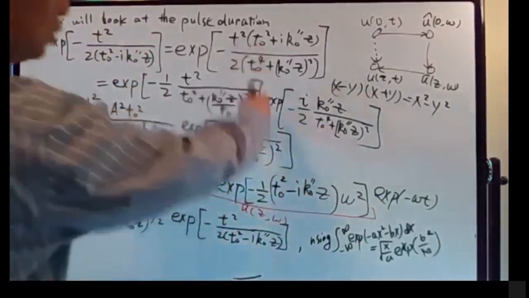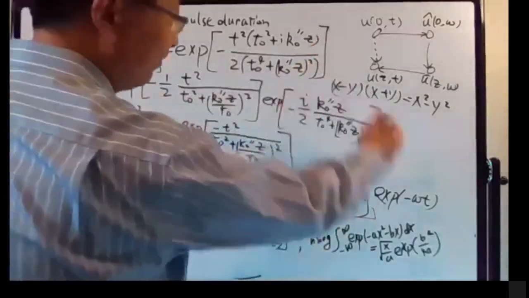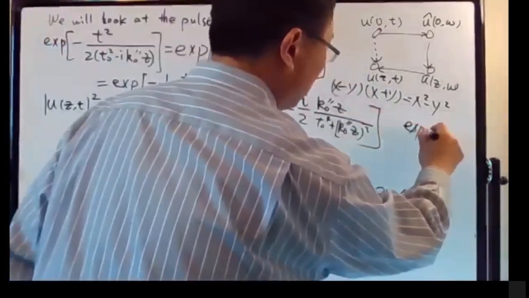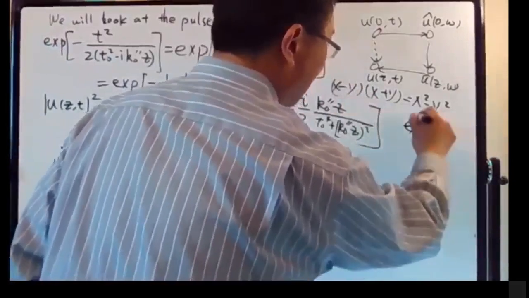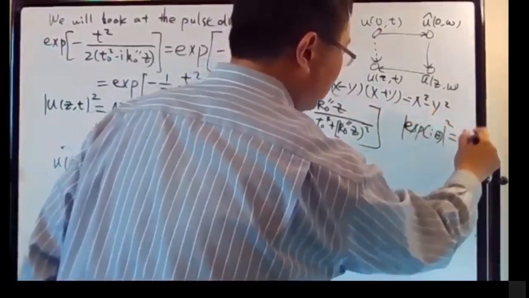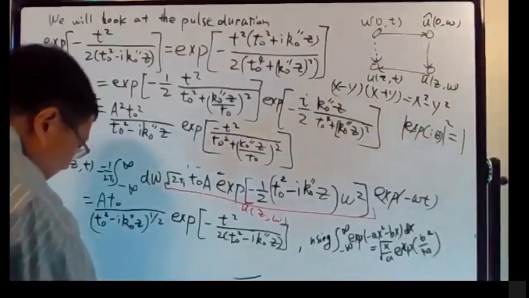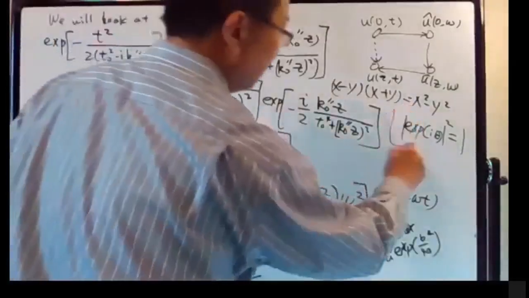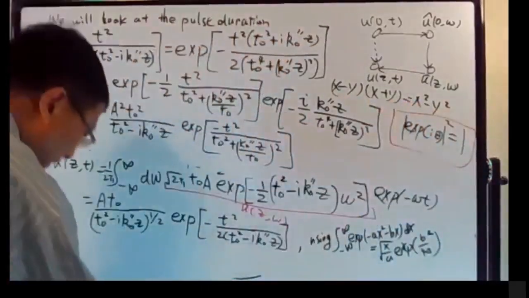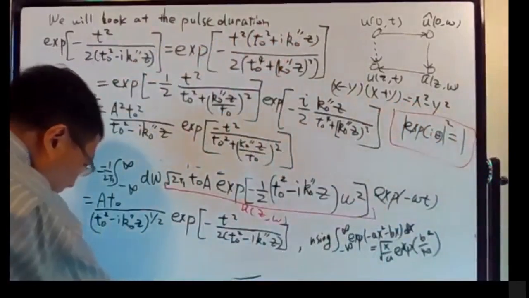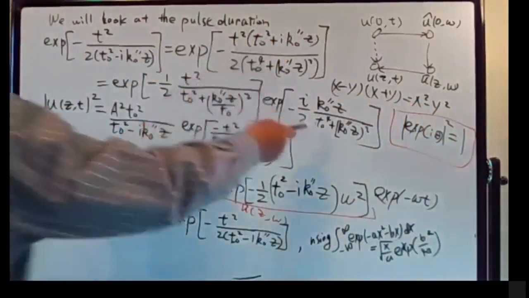And then the absolute value of exponential i theta, squared, is 1, right? So this is gone. This is gone.